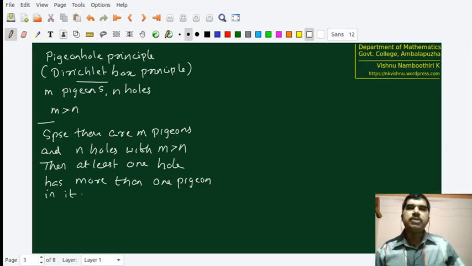If you want to prove this, the proof is quite simple and it uses the method of contradiction. We are given m greater than n, and we are given that there are m pigeons and n holes.